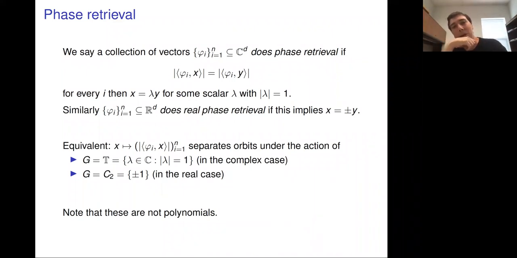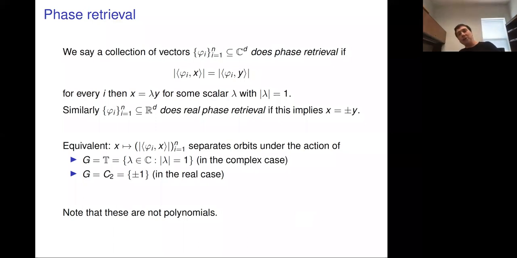So if you have a collection of vectors in C^D, we say that those vectors do phase retrieval if whenever you have two vectors x and y such that the absolute values of the inner products with everything in my list of vectors are the same, then that means that x has to equal lambda y for some scalar lambda with modulus 1.